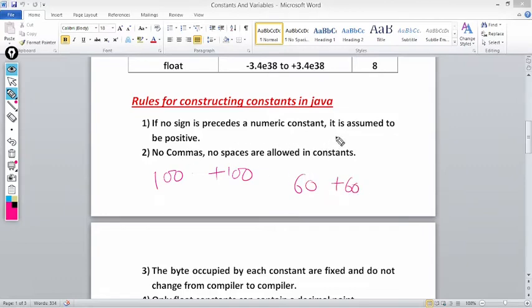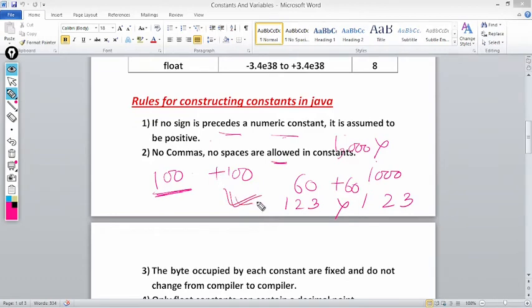No comma, no spaces means I cannot write 1,000 like this, this is wrong. You have to write it without a comma or space. So no comma and no spaces are allowed in a constant, and if no sign precedes a numeric constant, it is assumed to be a positive value. Clear?